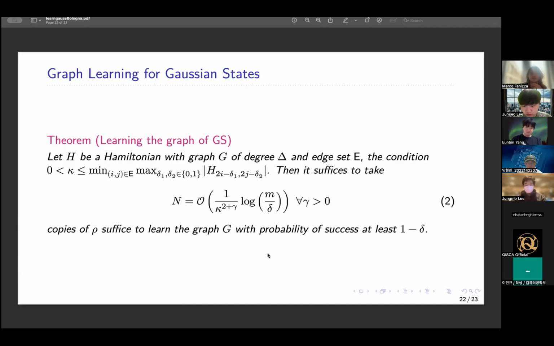Again, I'm suppressing the dependence on the other parameters. This is in fact quite important. We have to assume them to be constant with respect to M, and anyway, it will be important to improve this dependence for a final statement of this kind.